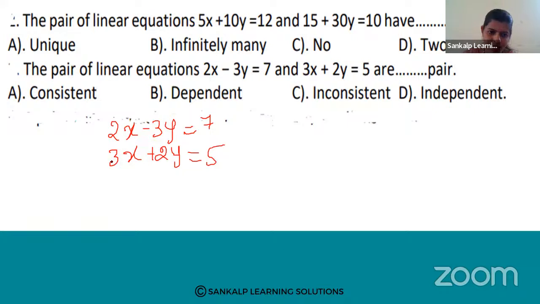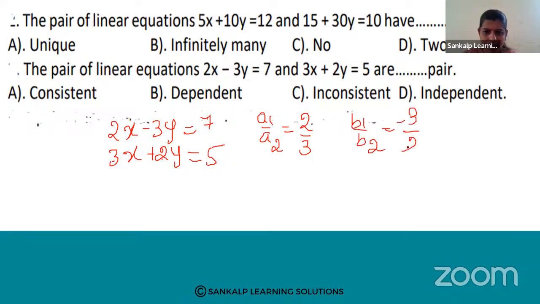So this is A1, A2, B1, B2. This is C1, C2. So check A1 divided by A2. A1 is 2, A2 is 3. B1 divided by B2, minus 3 divided by 2.